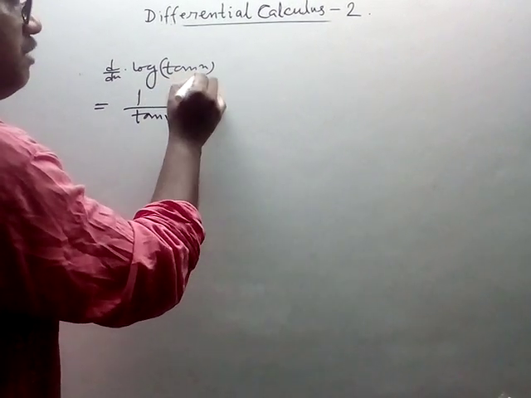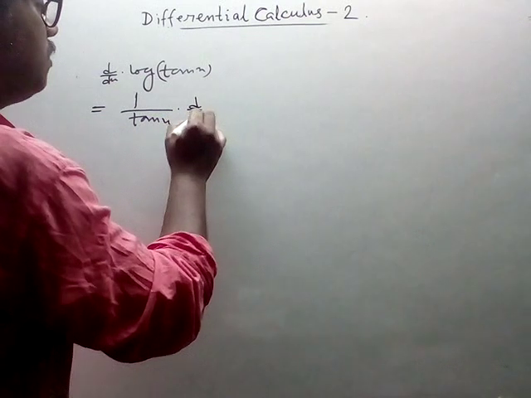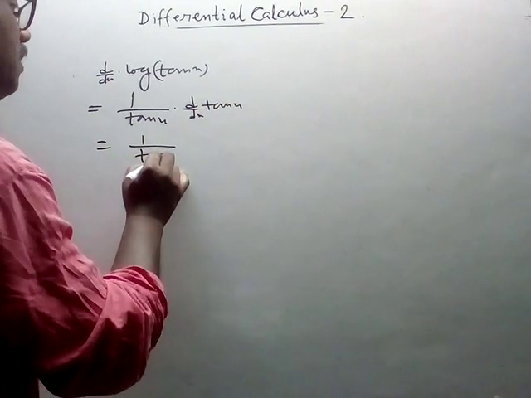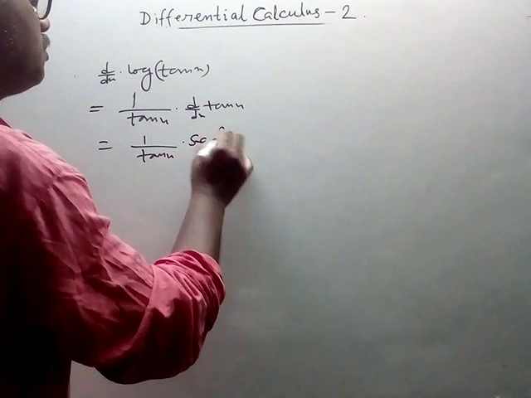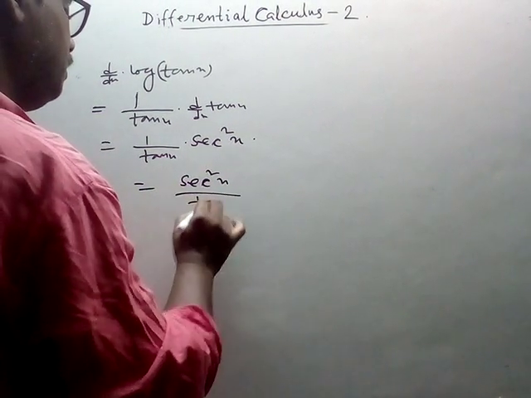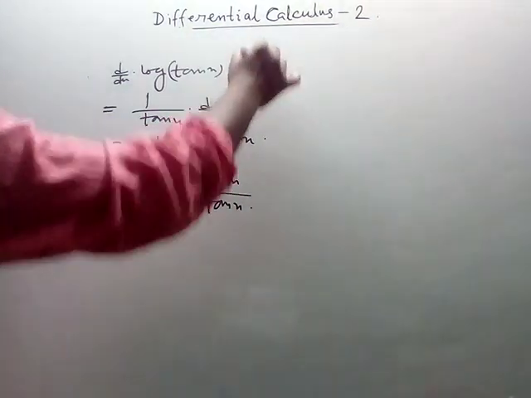Now we consider the derivative of tan x, into d/dx of tan x, so it equals 1 by tan x into the derivative of tan x, which is sec square x. That is, sec square x by tan x.